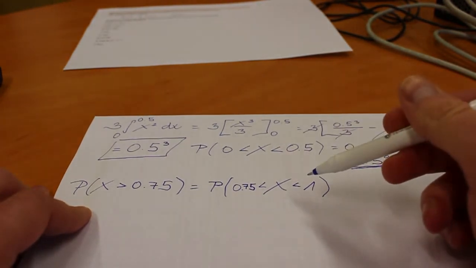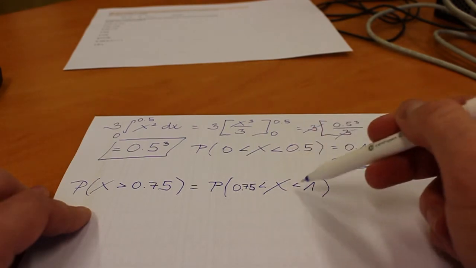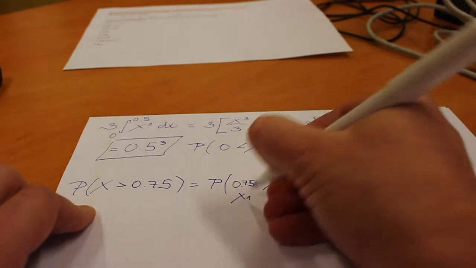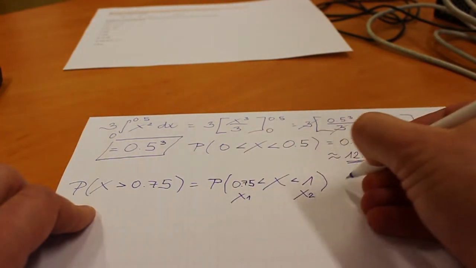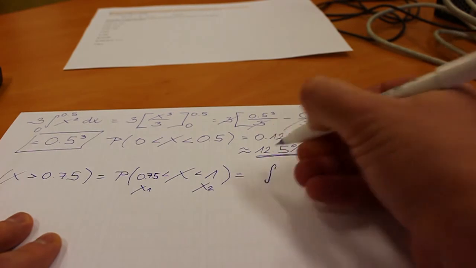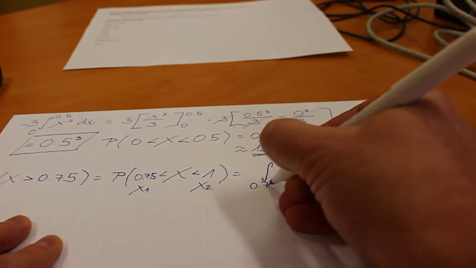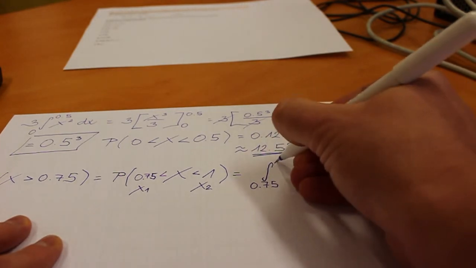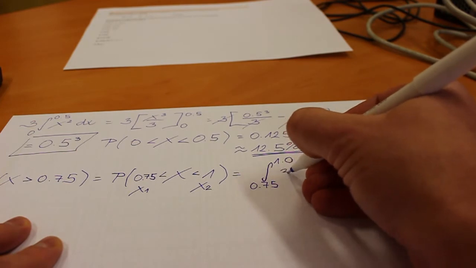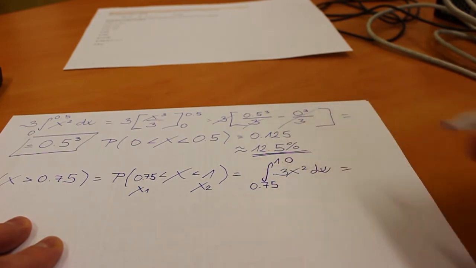Yes, our range is between 0 and 1. So 1 is the maximum. So again, this is our x1 and this is our x2, and we can calculate this using an integral with lower bound 0.75 and upper bound 1.0 of the density 3x squared dx.